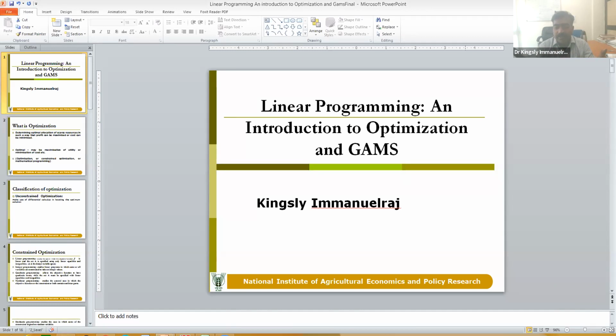Similarly, non-linear programming is another, which can take many things, either both objective and constraint. Like that, stochastic programming is there. When you talk about linear programming, we always assume our objective function, for example, is to maximize our net revenue from agricultural production.